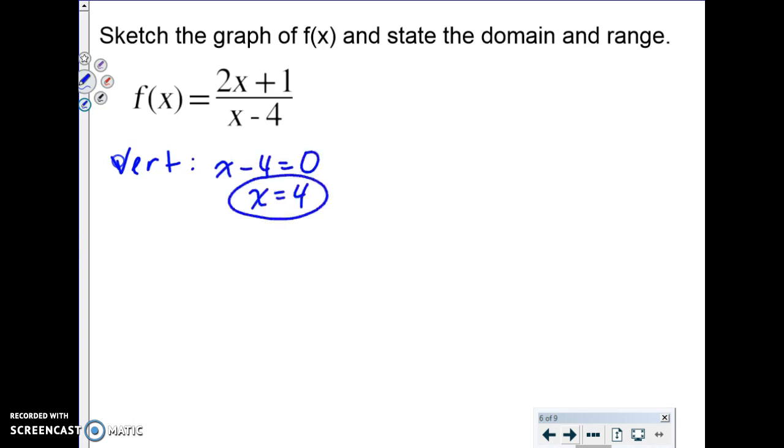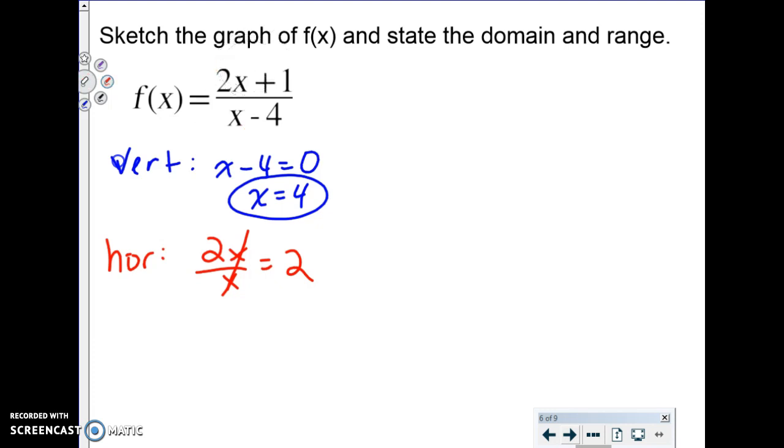So my vertical asymptote is going to be x equals 4. And then my horizontal asymptote, where it's not going to ever reach this output, is we take 2x and divide it by x, and so we're just left with 2. So we just worry about the front part for the horizontal.